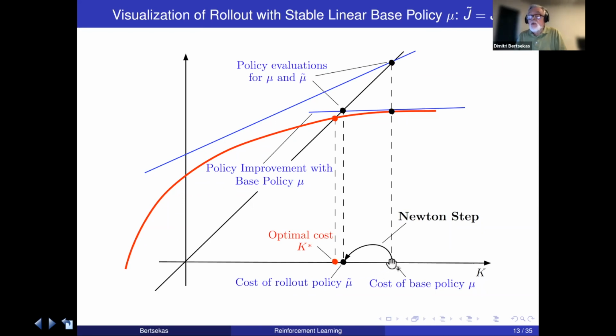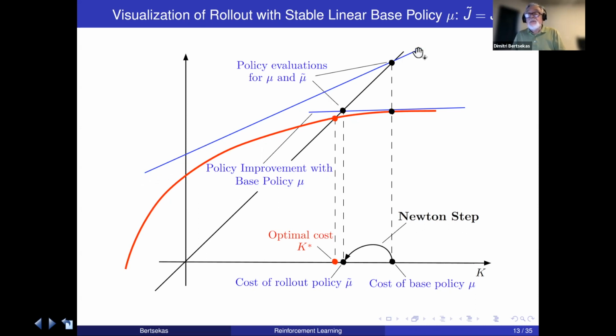Now, suppose you do approximation in value space using K tilde to be the cost coefficient of the base policy. Then the approximation in value space is going to consist of a Newton step. And this is going to be the cost function of the one-step lookahead policy, what we have called the rollout policy. So this is rollout for you.